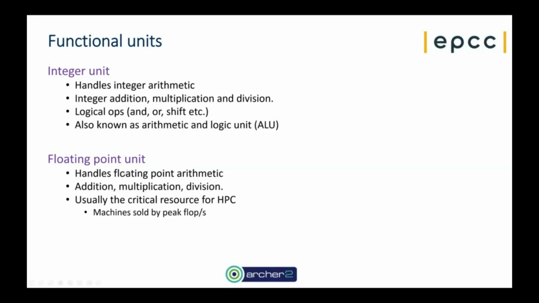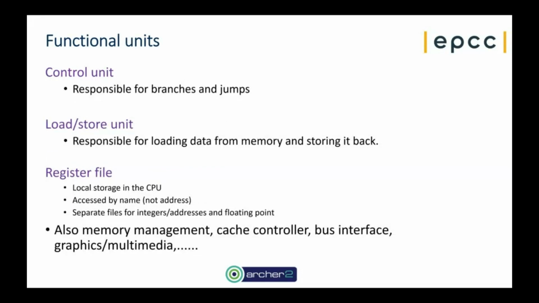The floating point ones are obviously key for a lot of computational simulation performance, because they do the arithmetic operations required for computational simulation and machine learning. But there will also be other things in there: control units which handle program control flow, so branches, jumps and branch predictions. There'll be load store units which load data in from memory and store data out to memory, so they interface with the data we need.